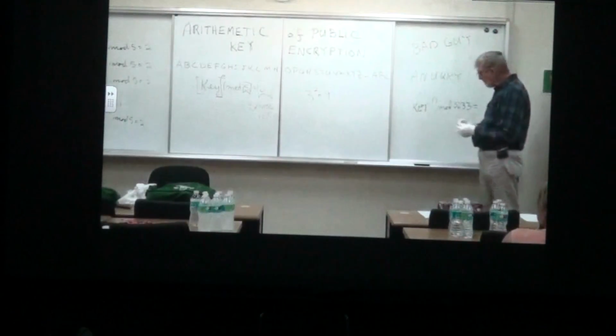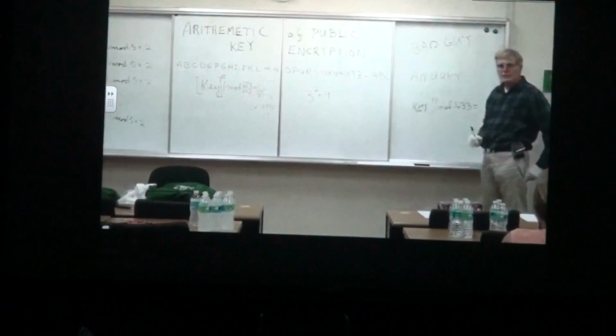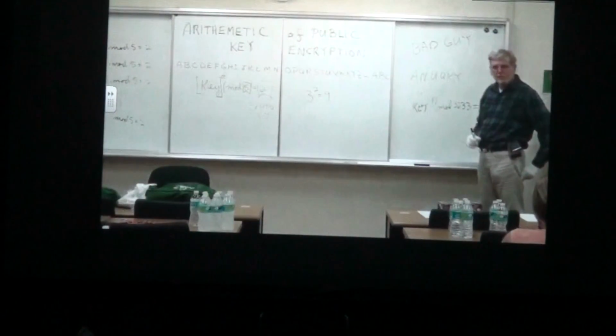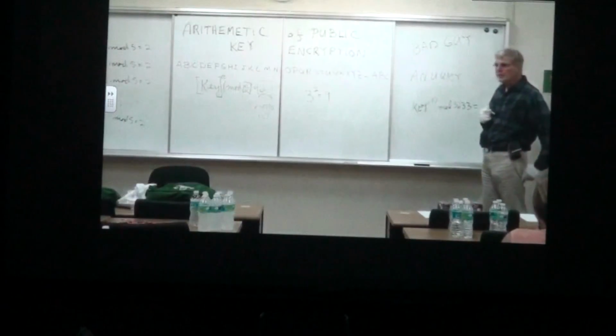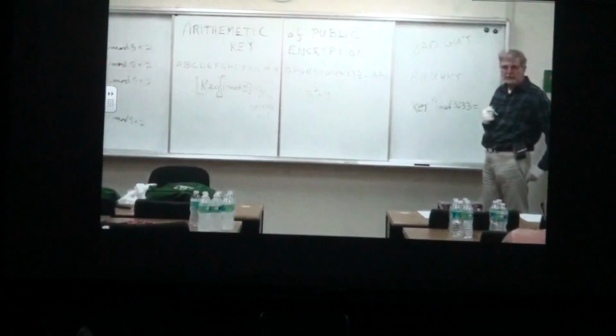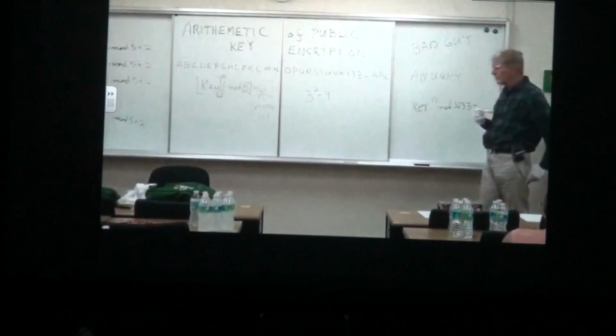And the reason that he cannot work backwards is because that number is so big that if he tried to guess what your key was by all the possibilities of that number, it would take 10 to the 211th power years, which you're not willing to wait for. So you're safe by numbers in this case.